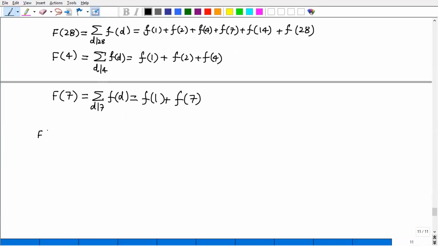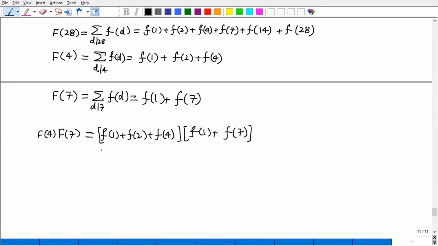Now multiply F of 4 times F of 7, and we will show that this is equal to F of 28. In general we will prove it in the next class, inshallah. So F of 4 is f of 1 plus f of 2 plus f of 4, times F of 7, which is f of 1 plus f of 7.